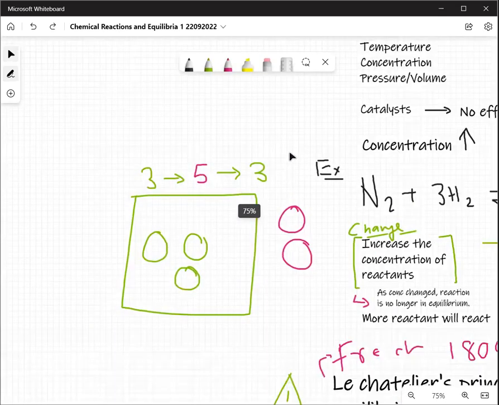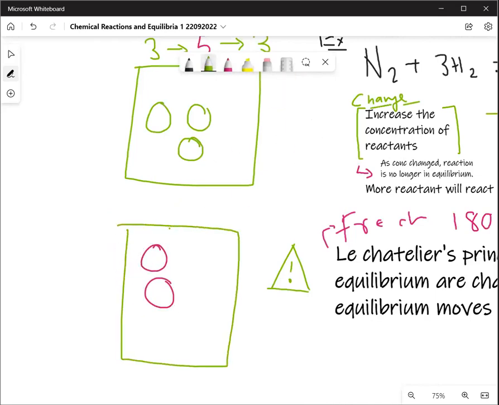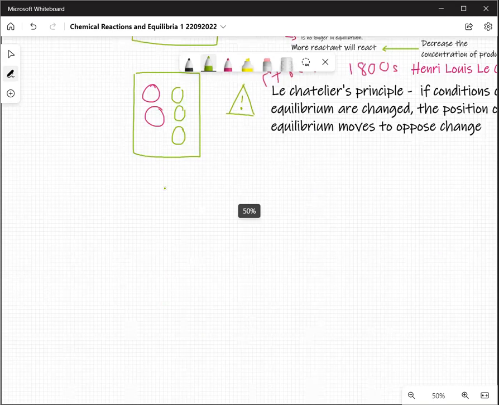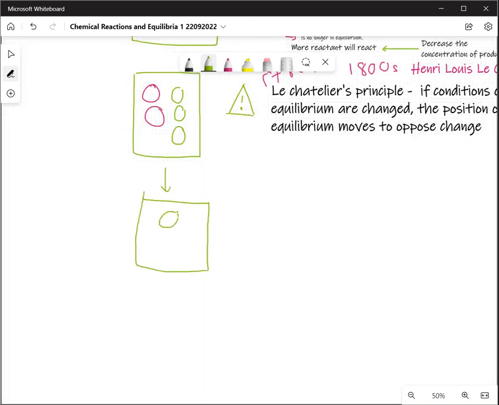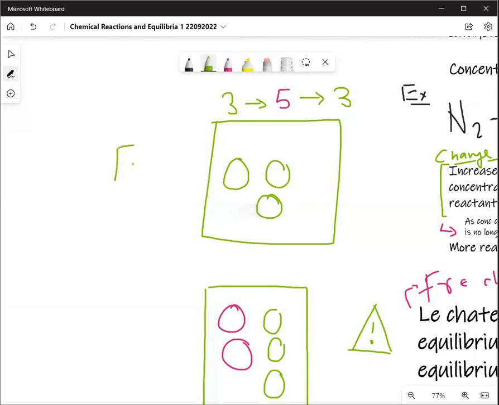Right? That's what happened. So first it was like this, then we remove the extra stuff and we come back to three. So this was at equilibrium. We had three, this is constant. We have three particles inside the box.